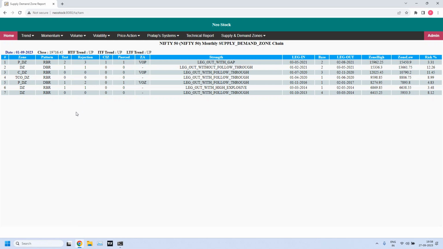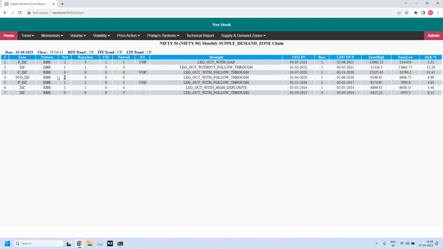Okay, what high liquidity zones are available? What is the nearest high liquidity zone? This is the first nearest high liquidity zone. There is one more high liquidity zone, the fourth one. And both these zones are fresh zones.